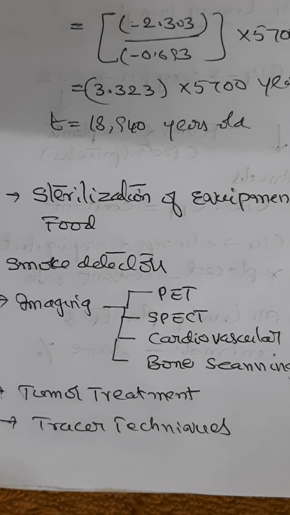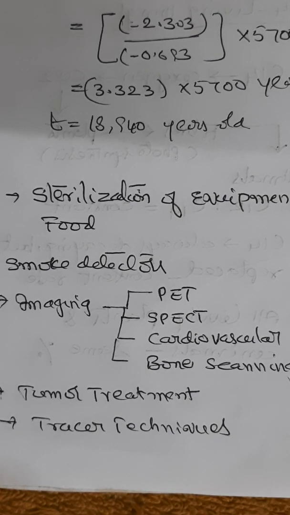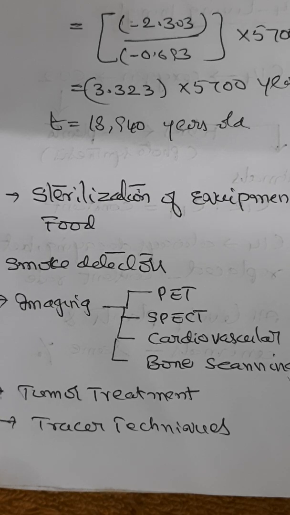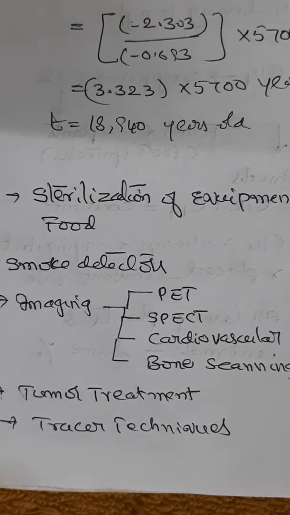The standard biological unit of radiation dose in use these days is the sievert. The radioactive material is characterized by its half-life, that is the time taken by the material to decay to half of its radioactivity. Radioactive decay is a spontaneous and statistical process and follows the exponential law, N equals N naught e to the power minus lambda t, where lambda is the decay constant.